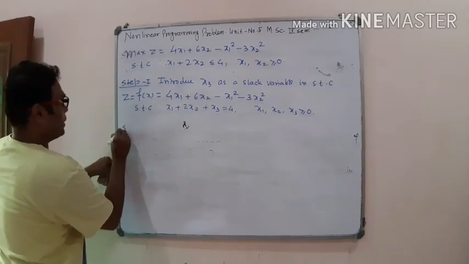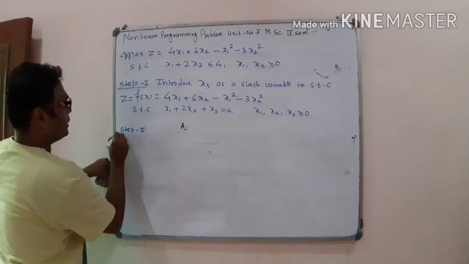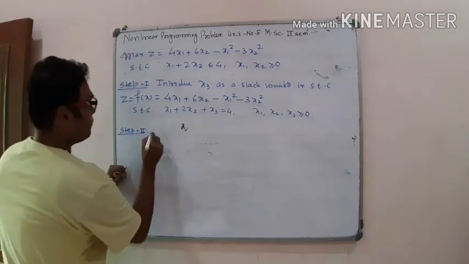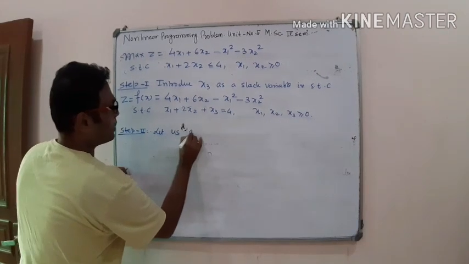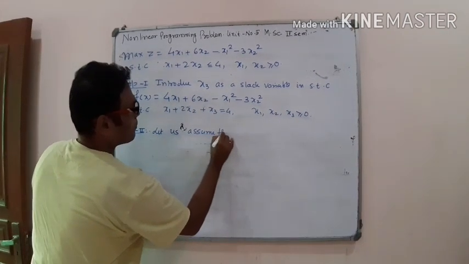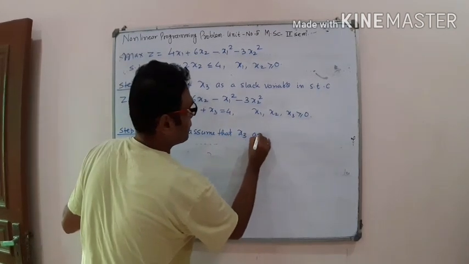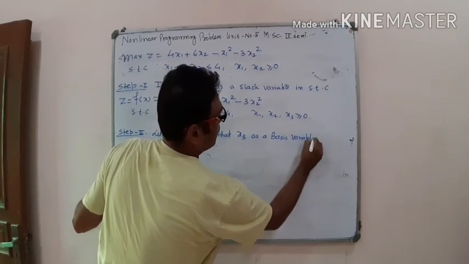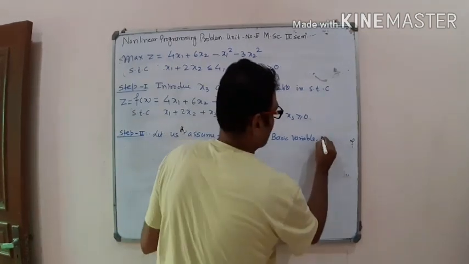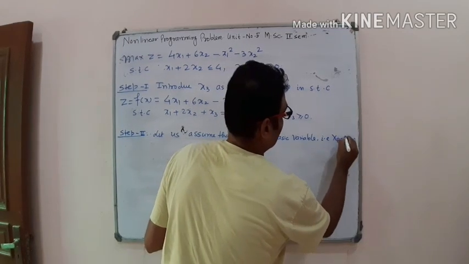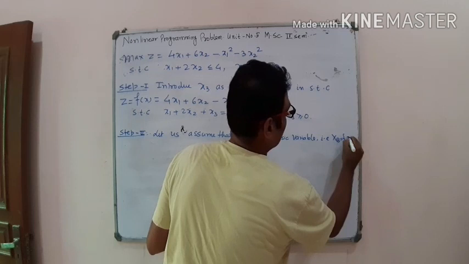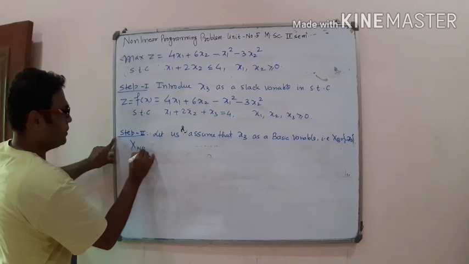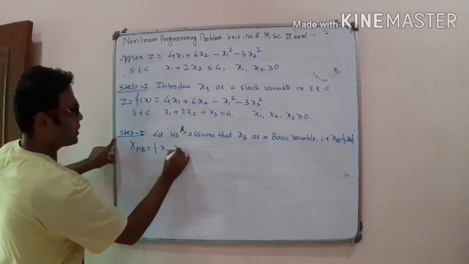According to step number 2, we select the basic and non-basic variables. Let us assume x3 as the basic variable, that is, xB contains only the singleton element x3, while xNB contains two elements x1 and x2.